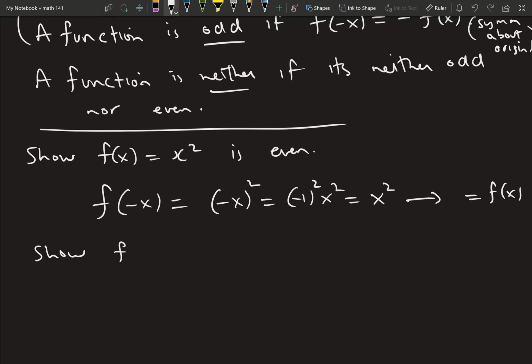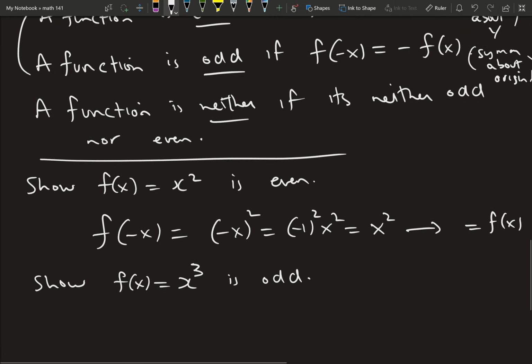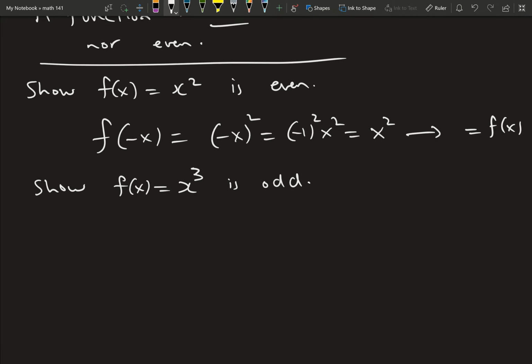Let's show that if f of x is x cubed, then this is odd. What we have to show is that f of negative x is equal to negative f of x. So we want to start off with f of negative x, and we want to end up with negative f of x.